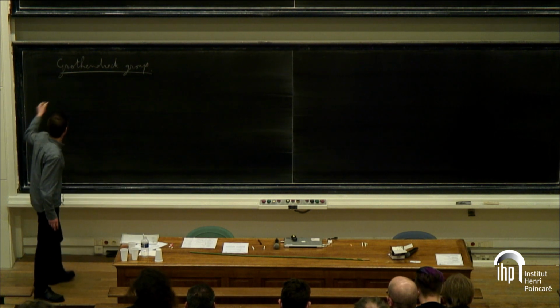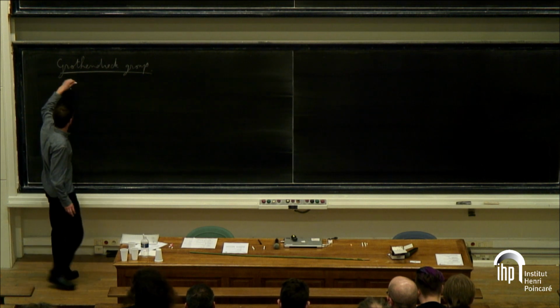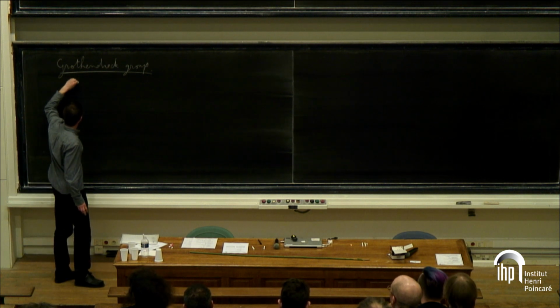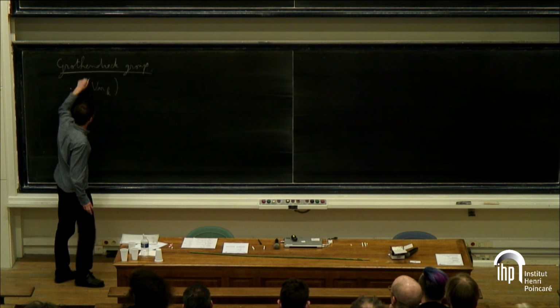So the most classical kind of Grothendieck group we can think of is the Grothendieck group of varieties, K_0(Var_K).